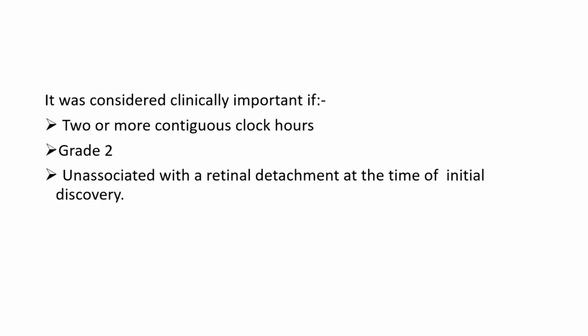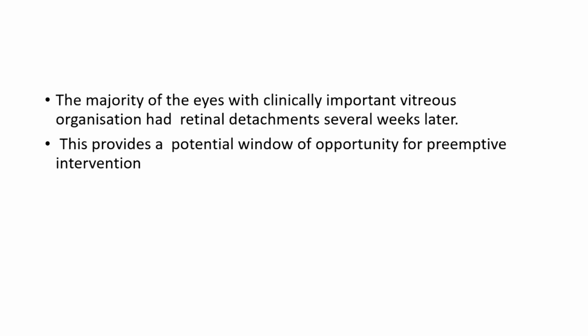It was considered important if this organization was extending in 2 or more contiguous clock hours, was grade 2, and was unassociated with retinal detachment at the time of initial discovery. The majority of the eyes with clinically important vitreous organization developed retinal detachments but several weeks later. So this provided us a potential window of opportunity for preemptive intervention.